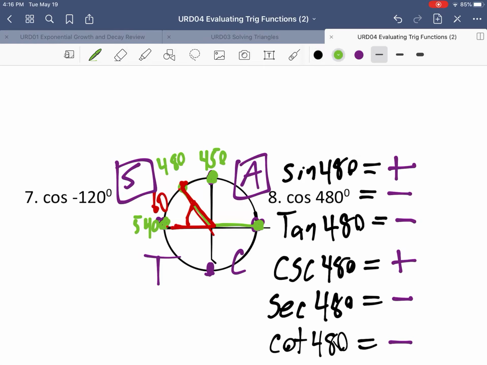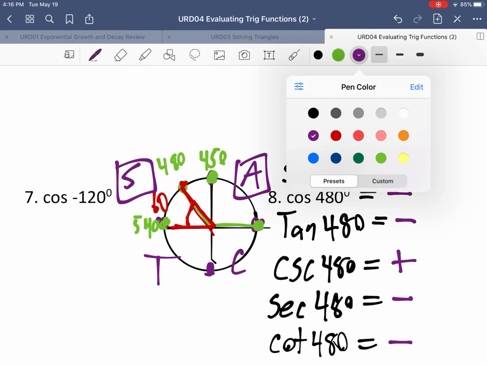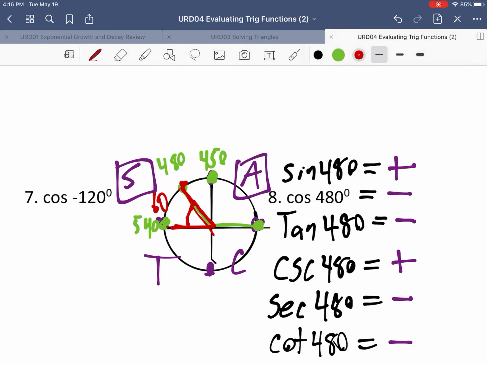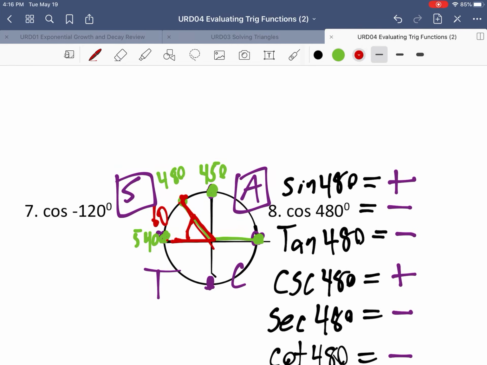Now we just need to know what the sine of 60 degrees is. So if we look at the table, the sine of 60 is radical 3 over 2. The cosine of 60 is going to be 1/2.